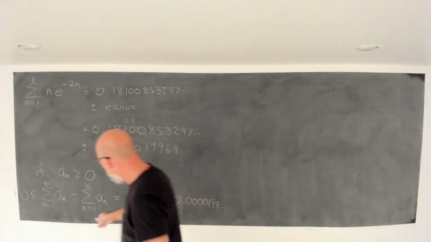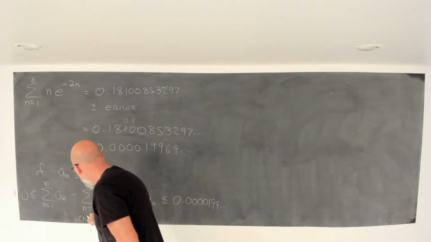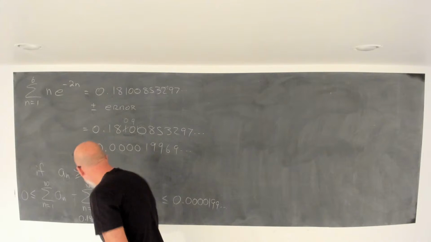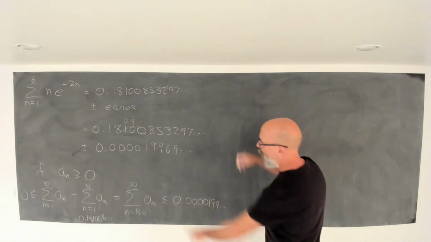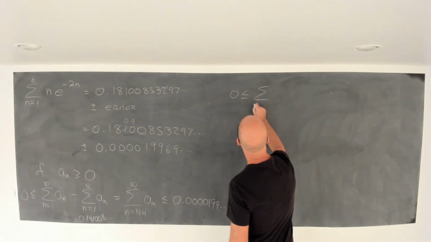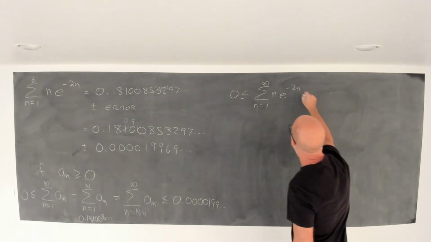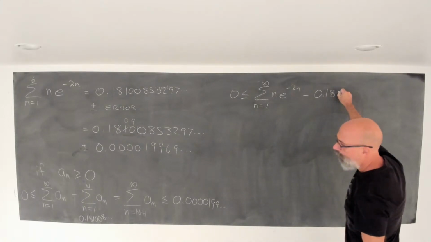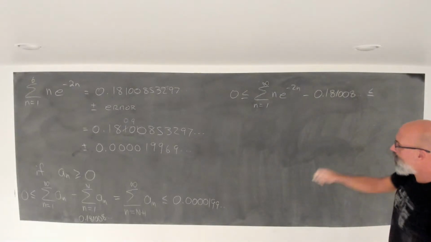Let's say this. What do we have here? This is 0.18, 108 stuff. So let's rewrite this thing. We have the sum from 1 to infinity of n e to the minus 2n minus, and that is less than.